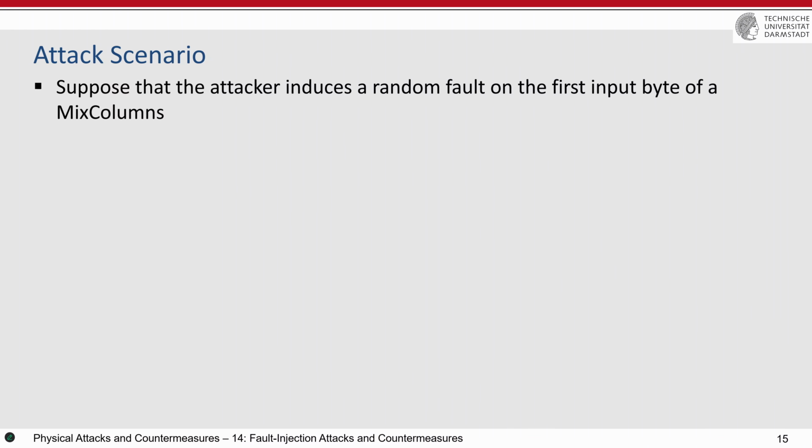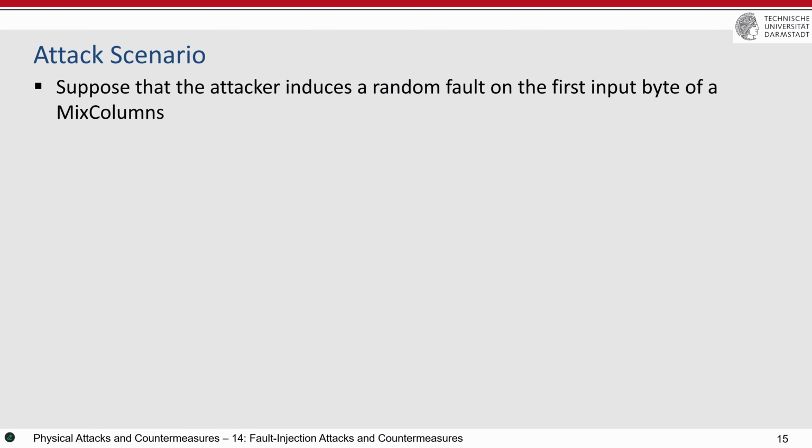Suppose that the attacker induces a random fault, again a very, very general fault model, on the first input byte of a mix column. It means that what you restrict or limit here is that you say, I just inject a fault that I don't know what it is, but I'm pretty sure and I can guarantee that its effect is restricted to only 1 byte, similar to what we discussed today.